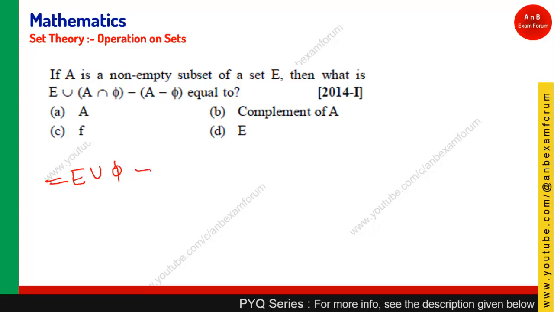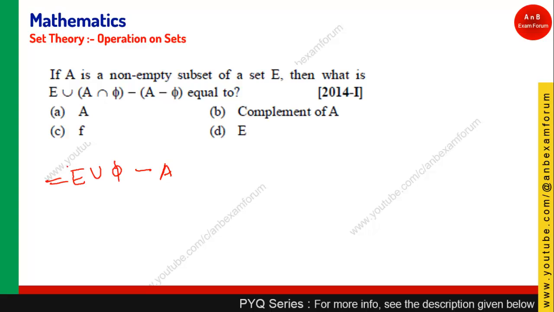Okay, and again the elements which are present in A but not in phi will obviously be A only. Since phi doesn't have any elements, all the elements which are present in A will be only in A, not in phi. So the operation result will be only A.